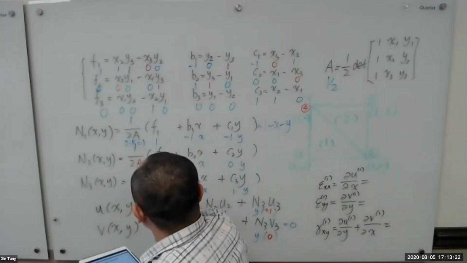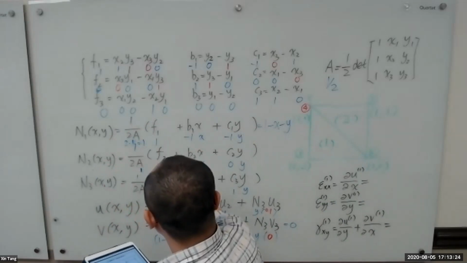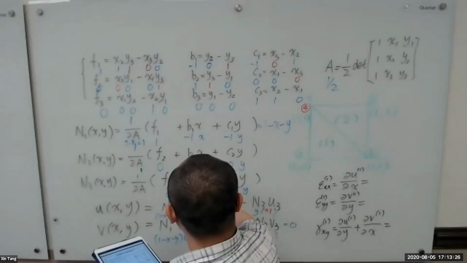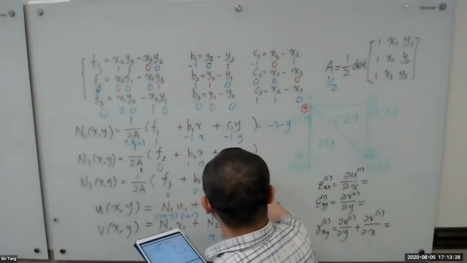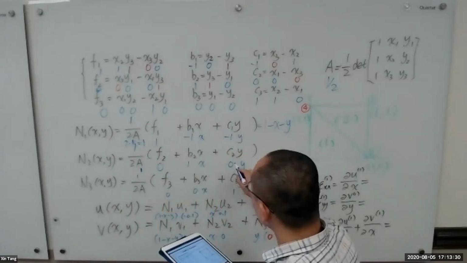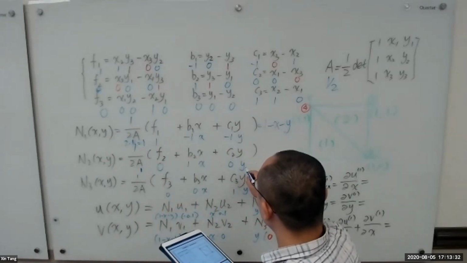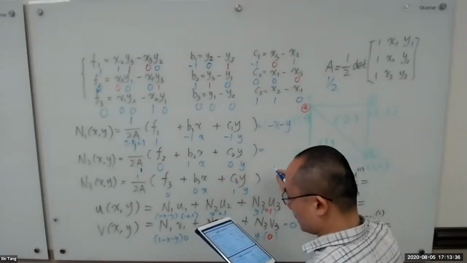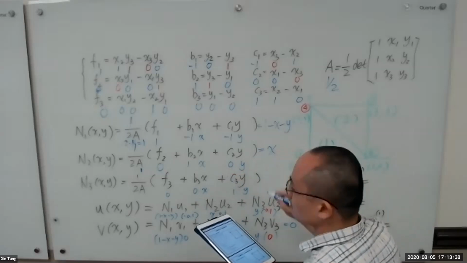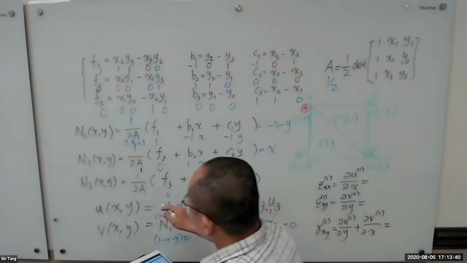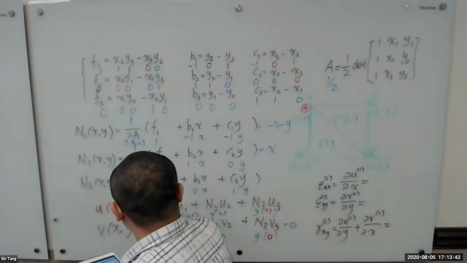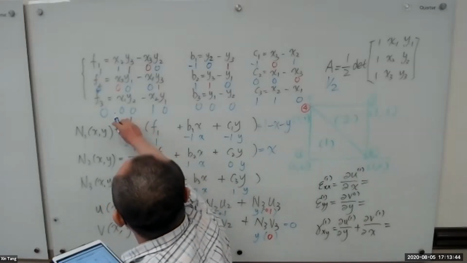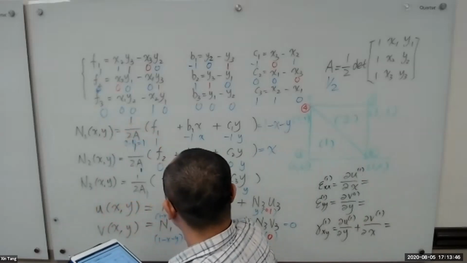N2 equals 1 times F2, B2 x equals x, and C2 y, where C2 is 0, so 0 y equals 0. So this equals what's remaining here, which is x. For N3, equals 1, and F3 we calculated equals 0 here.